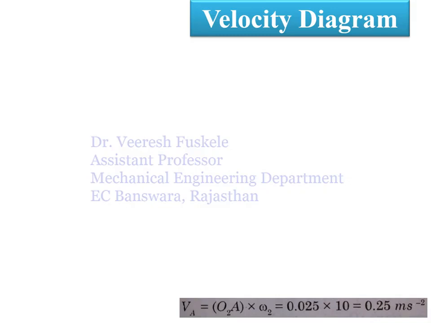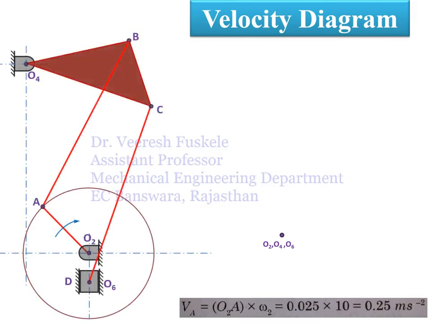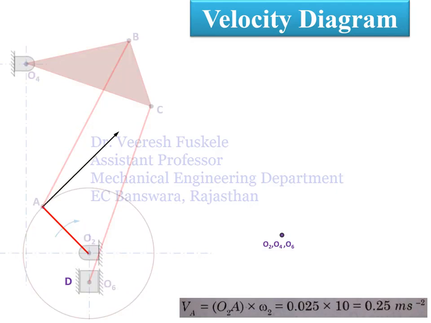Now to draw the velocity of the link O2A, first we take a point, and on this point we have O2, O4 and O6, because all these 3 points are fixed. Now, as we know, the velocity of any link is perpendicular to the direction of the link. So, we will draw the velocity of link O2A in the direction perpendicular to the link O2A from the point O2 as shown here.